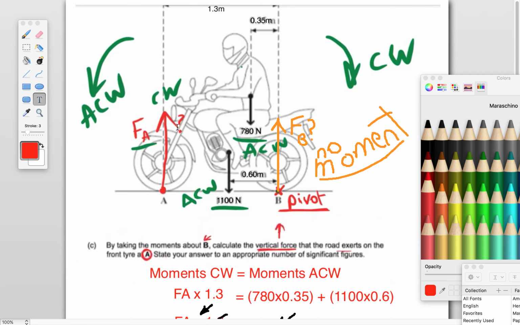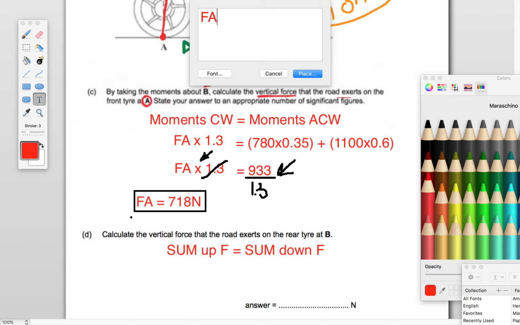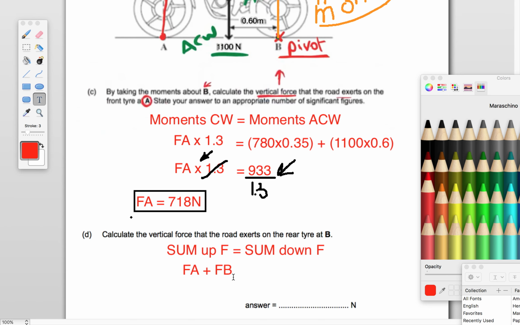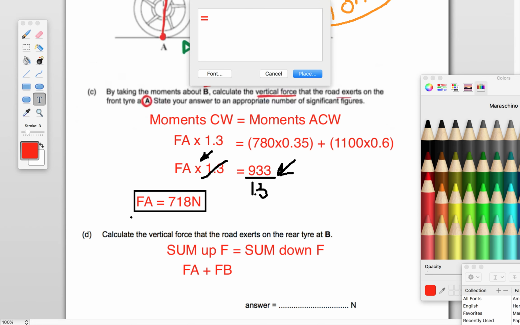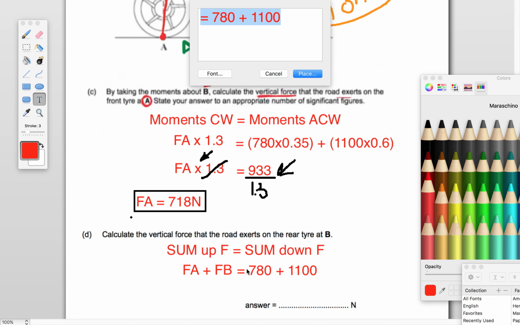We have two upward forces, Fa and Fb. So Fa plus Fb should be equal to 780 plus 1100 Newton. You will add these two together, they will be equal to 1880 Newton.